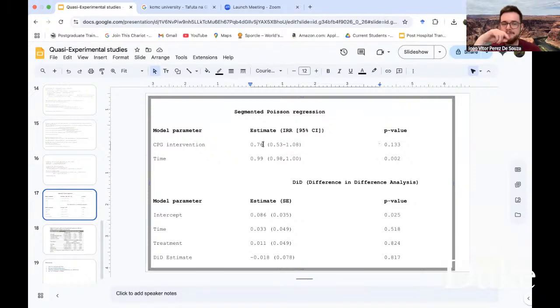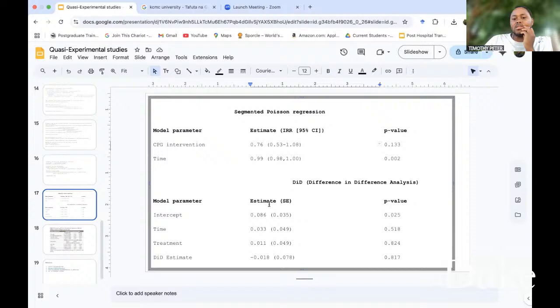It's the rate comparison between the two groups. So you have to interpret the values above and below a little differently because they are different models. Yeah, this is the Poisson and this is the linear regression.